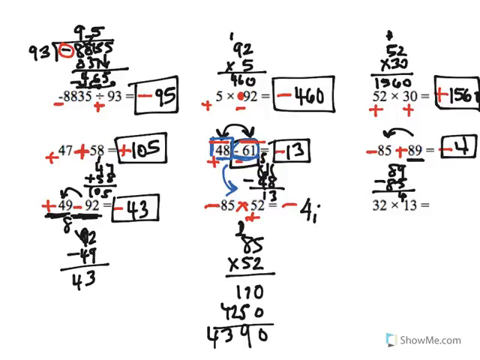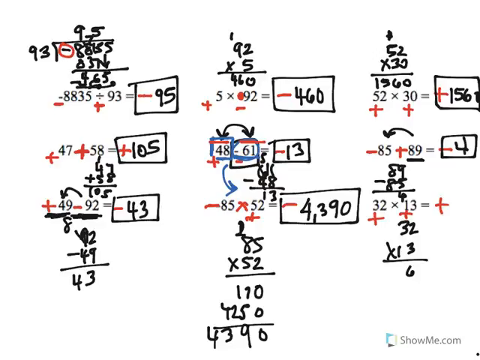My answer will be negative 4,390. For this one, they're both positive, a positive times a positive. My answer will be positive. The answer will be positive 416.